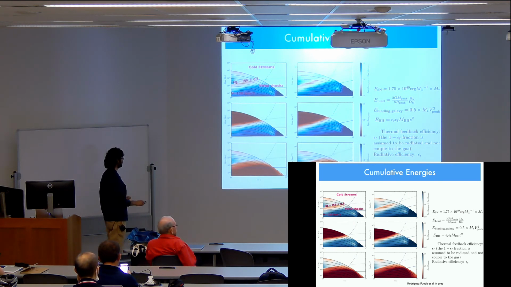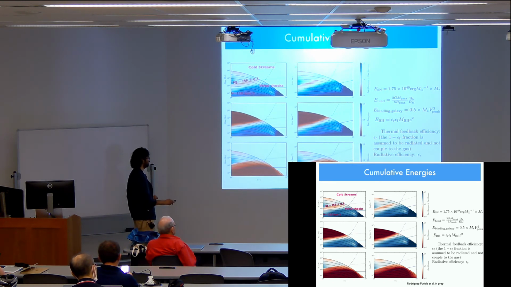if we focus on this panel where we are showing the ratio of these two energies, red means that the binding energy is larger than the energy of supernovae or the black hole. And blue means that the energy from the supernovae or the black hole is larger than the binding energy.